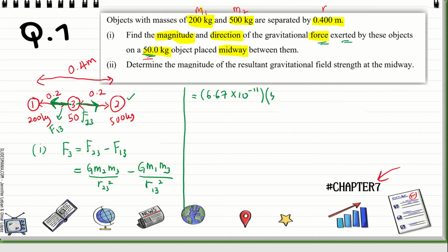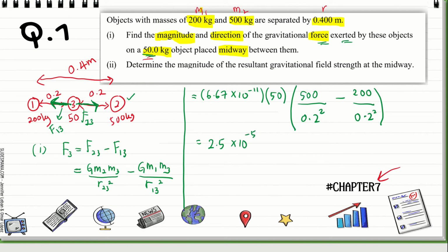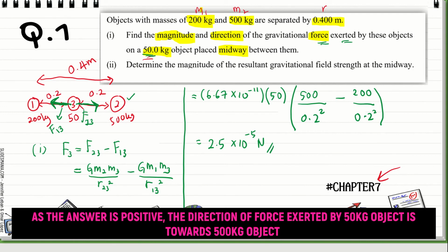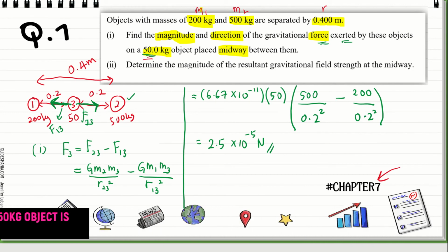So mass 3 is 50 kg, and it is going to be M2, 500, over 0.2 squared, minus mass 1, 200, over 0.2 squared. So the answer is 2.5 times 10 to the minus 5 Newton. So that is the force exerted on the 50 kg object.